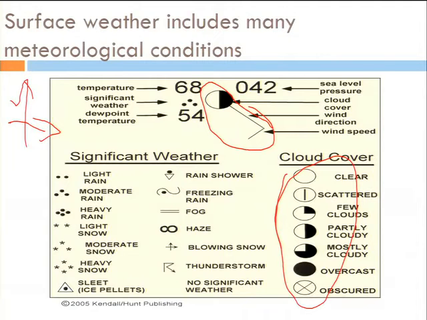Obviously the cloudier it is, the more filled the circle becomes, until the point where you cannot actually see the sky. Usually that's due to precipitation. If it's raining heavily or snowing heavily, you won't actually be able to see the bottom of the clouds. And at that point, you'll see an X, which means that the sky is obscured.